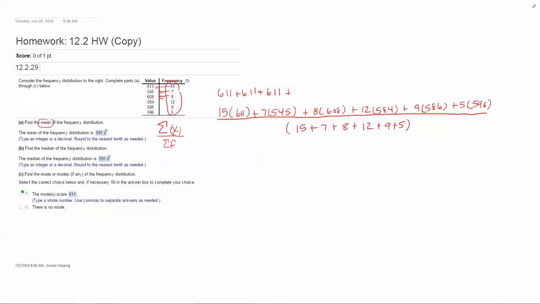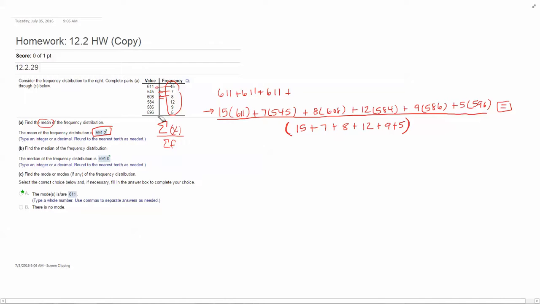The way I've written it on the screen, if you want to enter this in your calculator quickly, you would start with the numerator, type that whole thing in, make sure you press equals after you finish, then hit divided by, and use the parentheses to divide by the sum of these numbers. This is going to give you a mean of 591.2. So that's the average number for that frequency distribution.